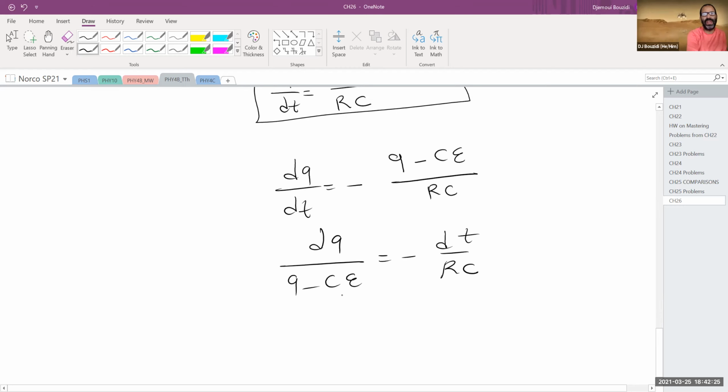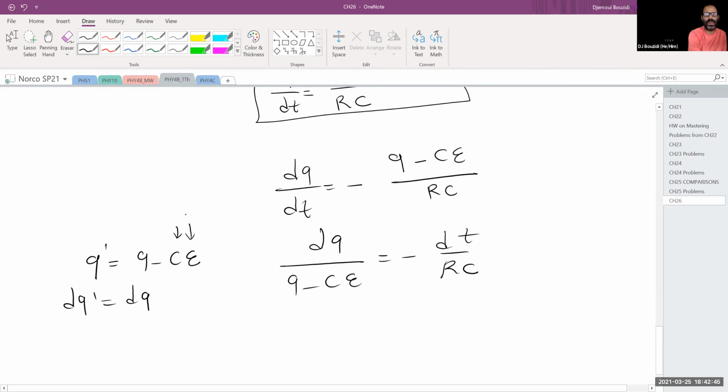We're going to make a change of variable because these constants in here are kind of an annoyance. Because if we're going to integrate, we really need to have a clean integral. So what I'm going to say in here is that I'm going to define q prime so that it's actually q minus c epsilon, which means that dq prime is the same as dq because c is constant and epsilon is constant, so this is a constant.